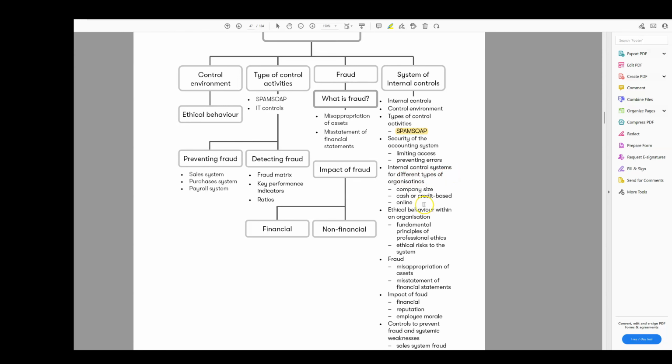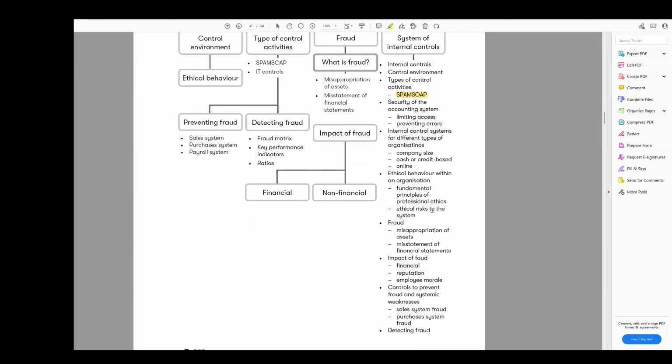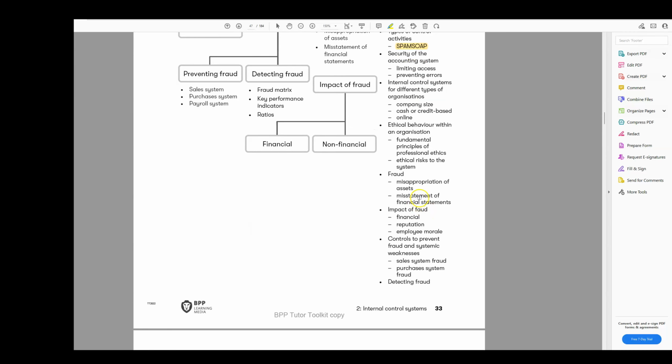So company size, cash or credit based, online. So what type of organization it is also important. Then we have ethical behavior that we have talked about. So we need to make sure the fundamental principles are in place, so that the 5 fundamental principles of ethics we're going to look at in the chapter as well. Then we have fraud, misappropriation of the asset, then misstatement of the financial statement.